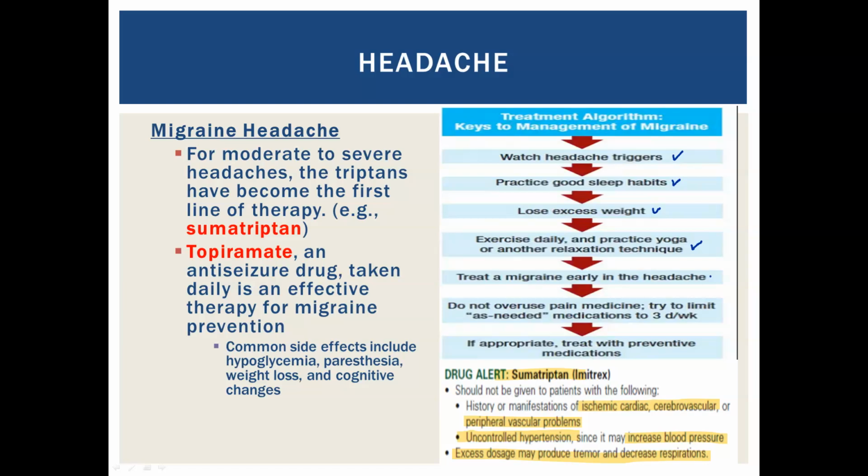We want to make sure that we're treating migraines early on in the process. Again, start least invasive to most invasive. And I would say this one here is probably one of the bigger ones that I do see, because overuse of these medications is a real big deal because of all the bad side effects. So if we're going to use these more moderate to severe headache medications, your triptans, your topiramates, if that's not prescribed to you, you are going to use them as needed.